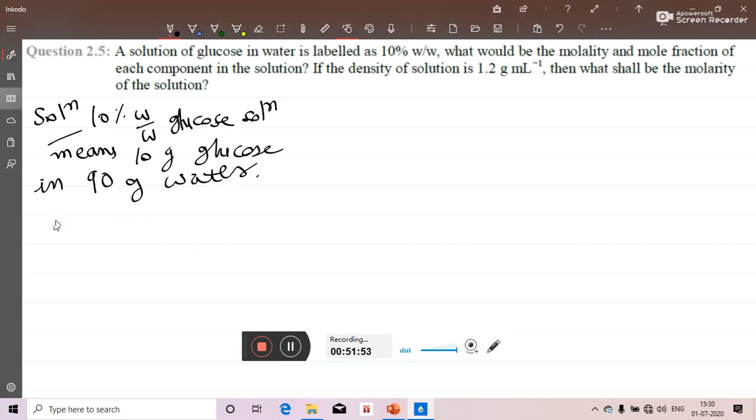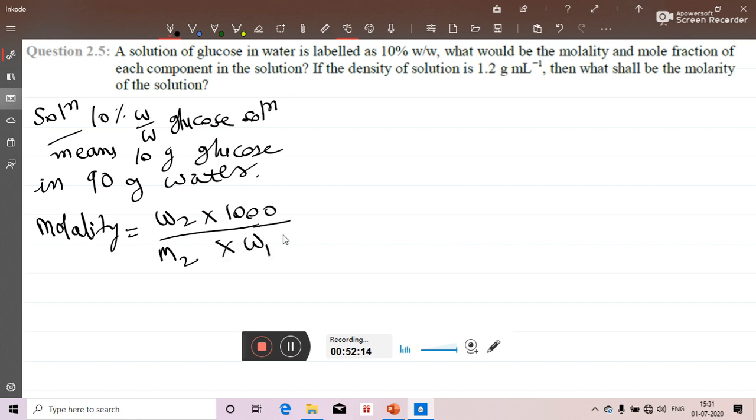Now we have to find out molality. So molality is equal to mass of glucose upon molar mass of glucose into 1000 upon mass of solvent in gram. So here mass of glucose is 10 gram upon molar mass of glucose.